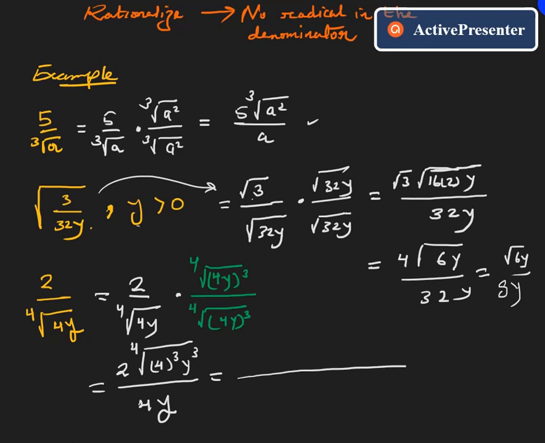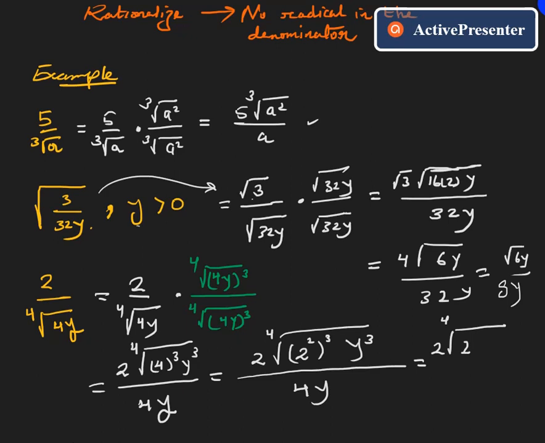We can do something here. Let's say here 2 multiplied by the fourth root of 2 squared to the power 3 multiplied by y cube over 4y. This is equal to 2 multiplied by the fourth root of what? 2 to the power 6.